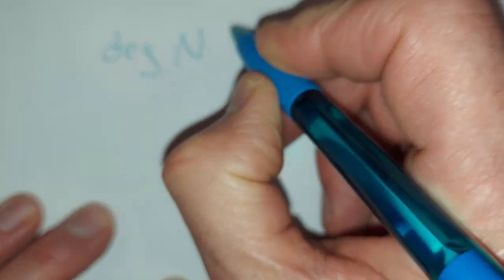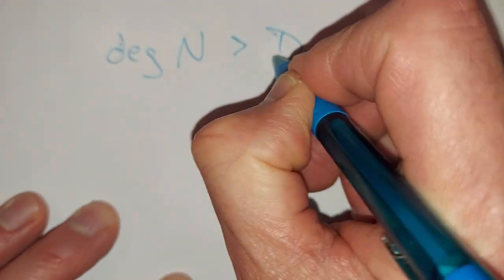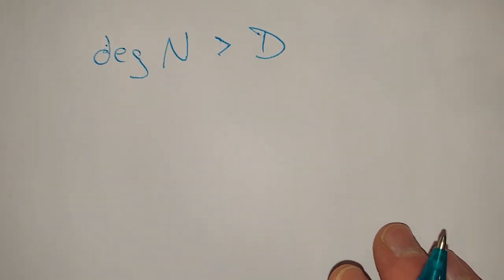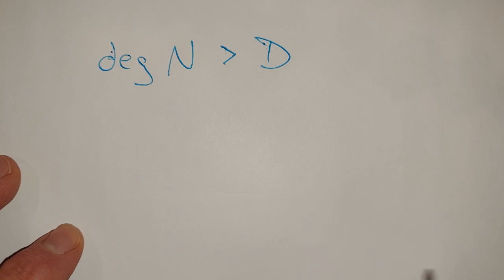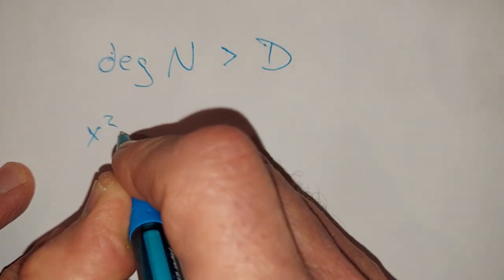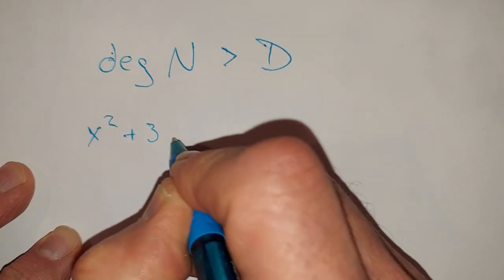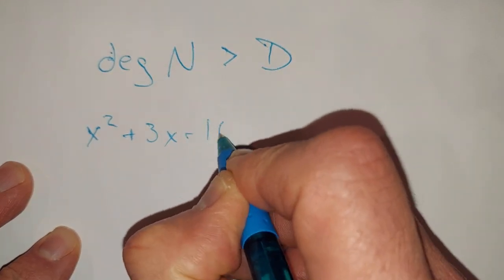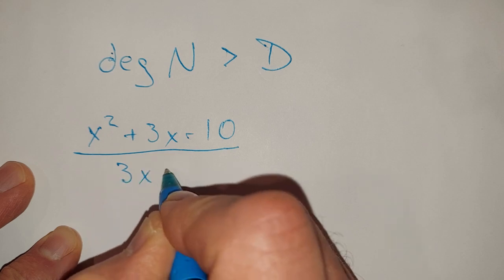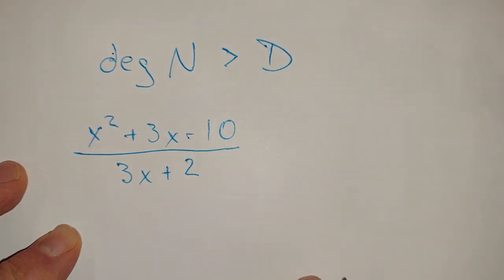But what about if the degree of the numerator is greater than the denominator? Well, here's an example. x squared plus 3x minus 10 divided by 3x plus 2.